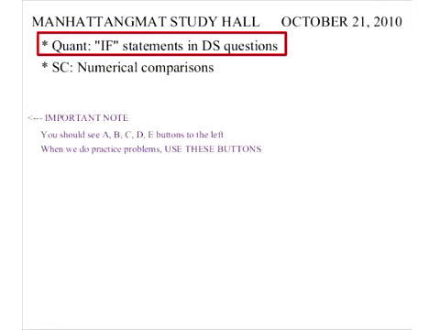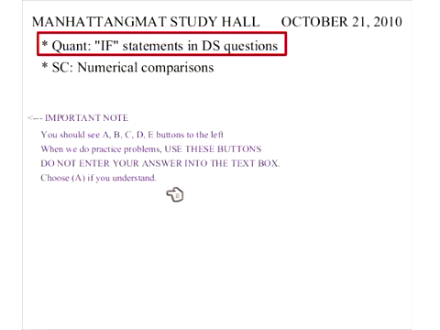Do not enter your answer into the text box. Every session we have a few people who are typing answers into the text box, and we don't want that. Pick choice A in those buttons if you understand what we're talking about.